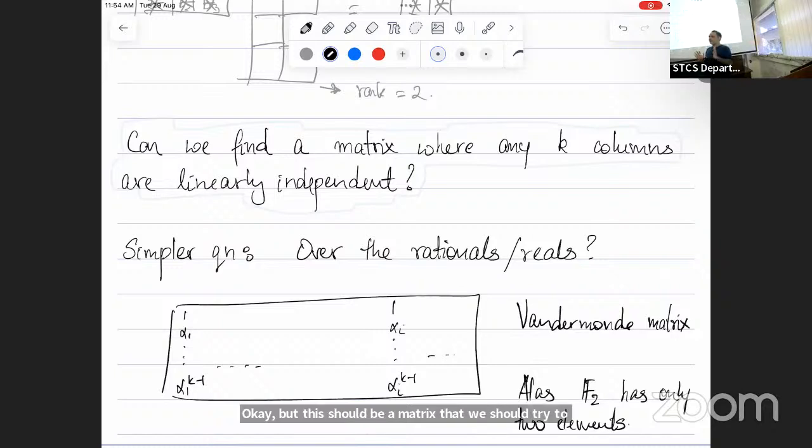I want to build a Vandermonde-like matrix, where any bunch of k columns are linearly independent, with a Vandermonde-ish sort of structure. Except that if I'm working over F2, I'm stuck because I only have 2 elements, which are 0 and 1. So we somehow need a way of making our field larger so that we can work in that domain and build the necessary thing.